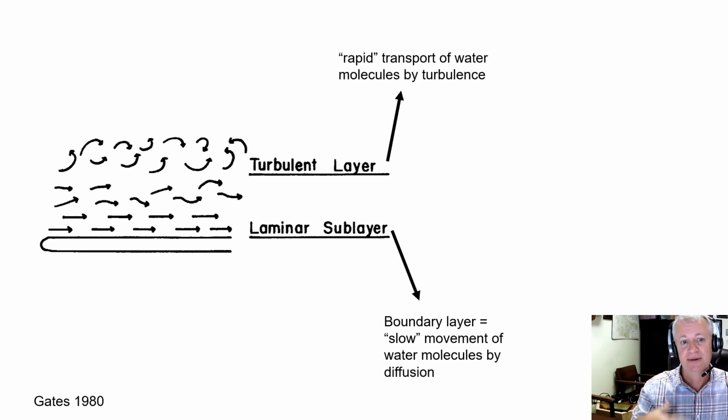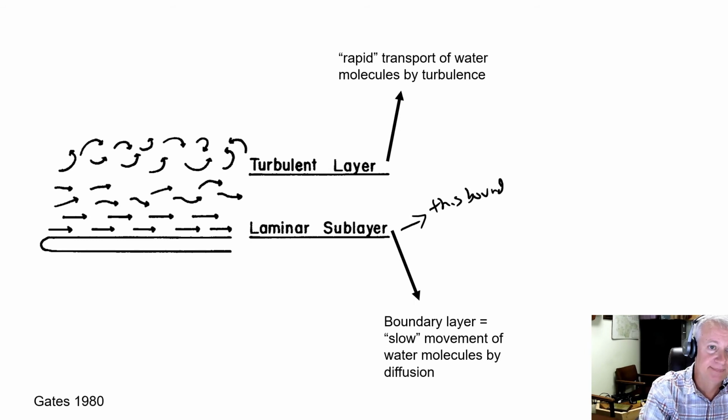So the boundary layer can act as a resistance to water movement away from a leaf.